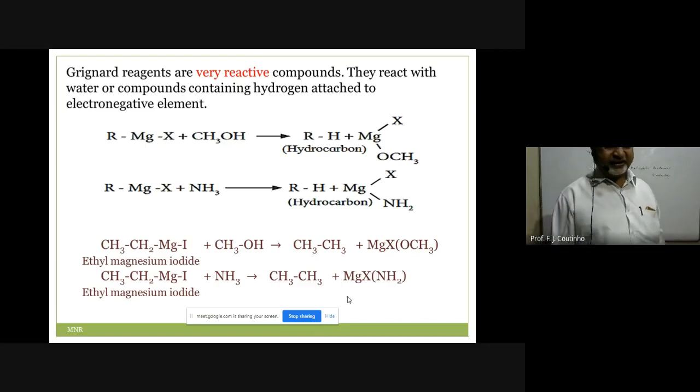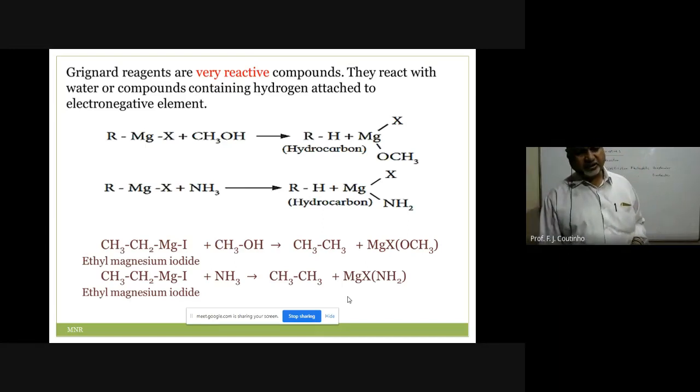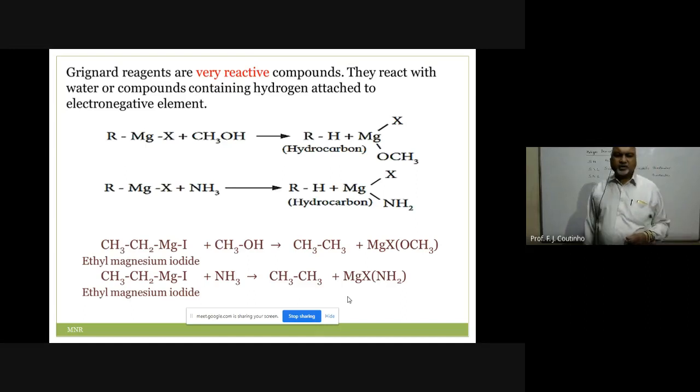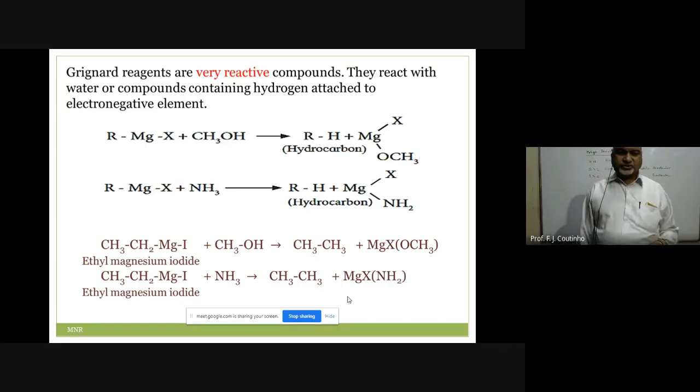So RMgX is there. If you take methyl alcohol, what will happen? See here, you get a hydrocarbon, that is RH, and a magnesium halide alkoxide, a substituted product of magnesium. Similarly, if you take ammonia, this explains the reactivity with hydrogens.